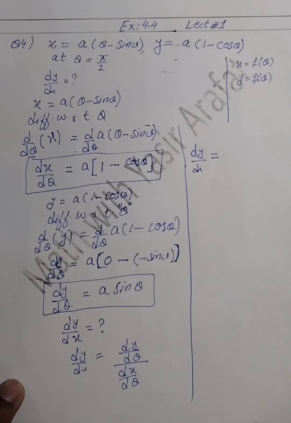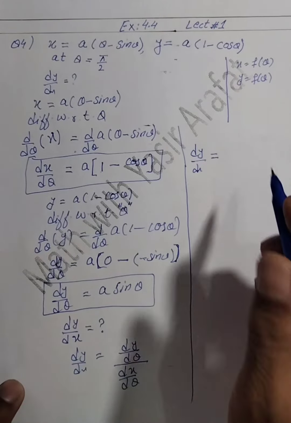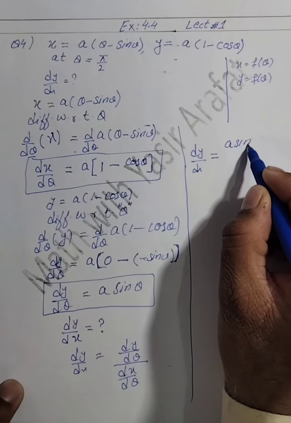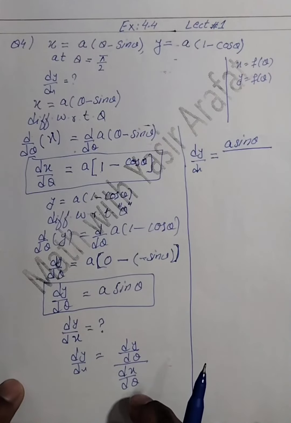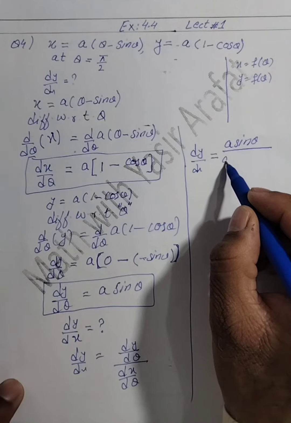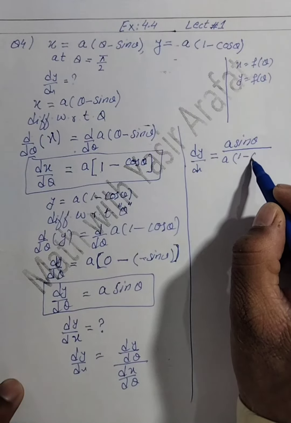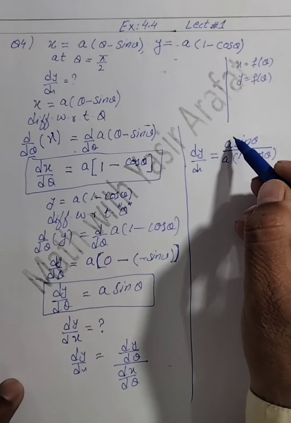The value of dy over d theta is a sine theta, and the value of dx over d theta is a times (1 minus cos theta). So the a will cancel out.